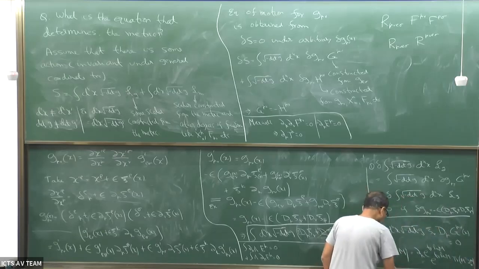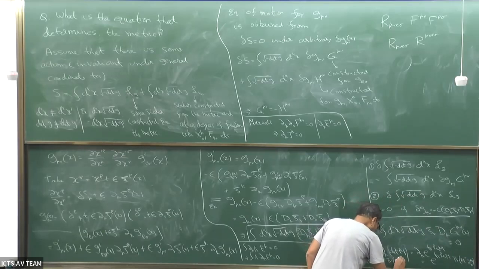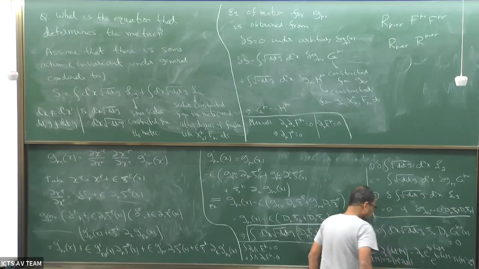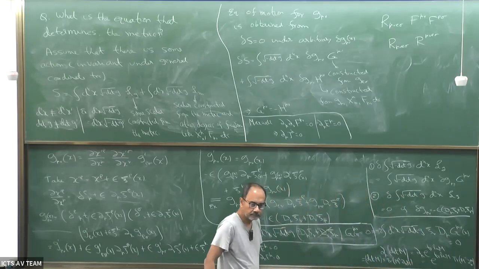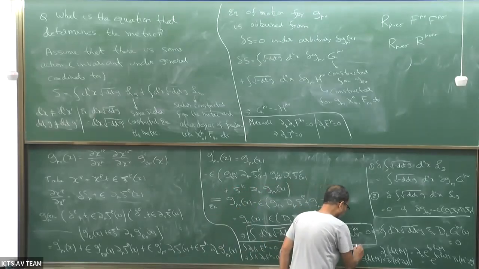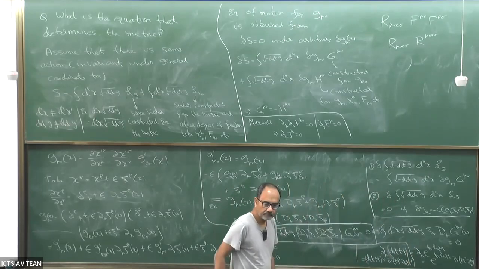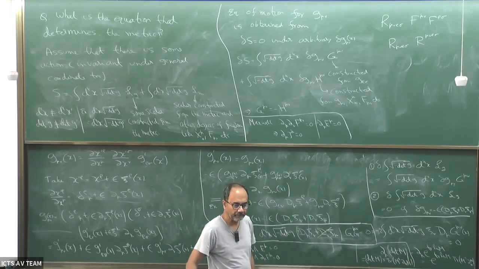Which basically means that the derivative of the determinant of M is the same as determinant of M times trace of M inverse times the derivative of M. This is a general result about the determinant of a symmetric matrix. Then you have to apply it for M equal to G.